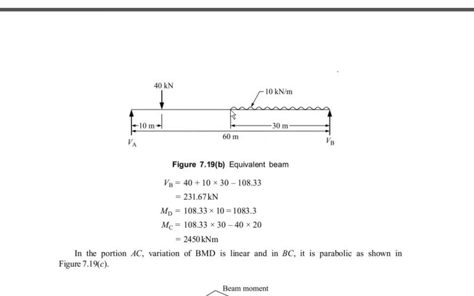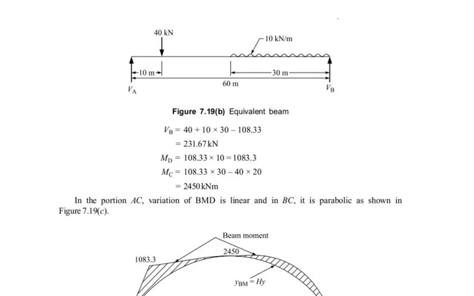So in this beam the moment about point C is not 0. Okay, so once again we are going to calculate the moment about this point C. In the arch the moment about point C is 0, but in the equivalent beam it is not 0.